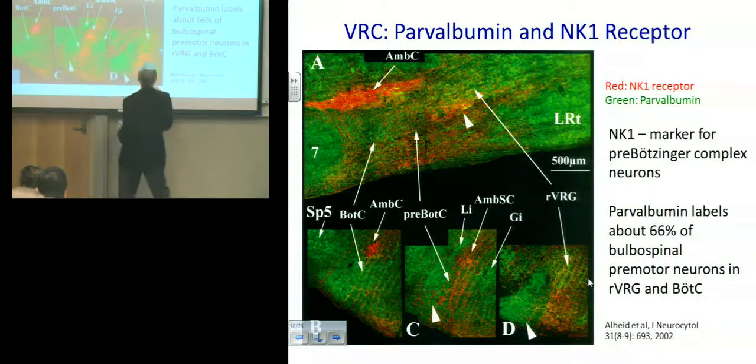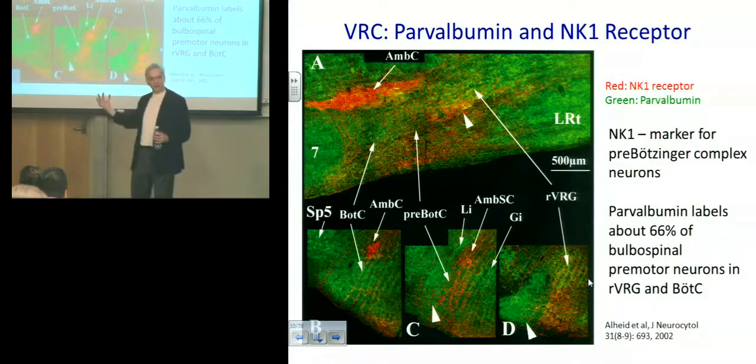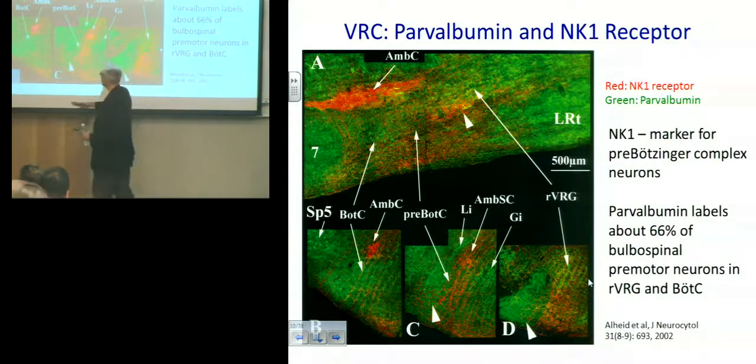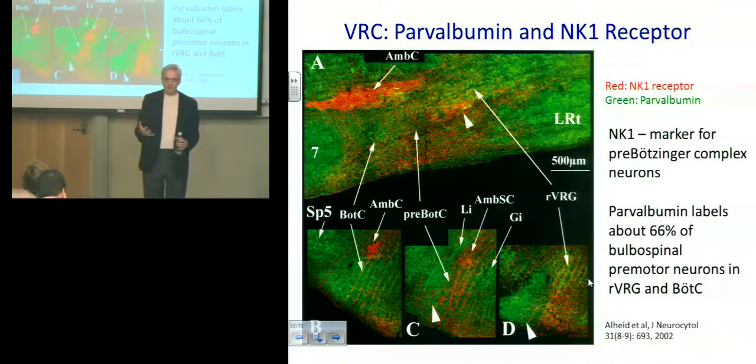Red in this case is the NK1 receptor. But you can see how you get lines of cells. And the blood vessels come up from the ventral surface and run up in a dorsal-medial direction. They come from ventrolateral and run up dorsal-medially. And the cells all sort of line up along that trajectory.